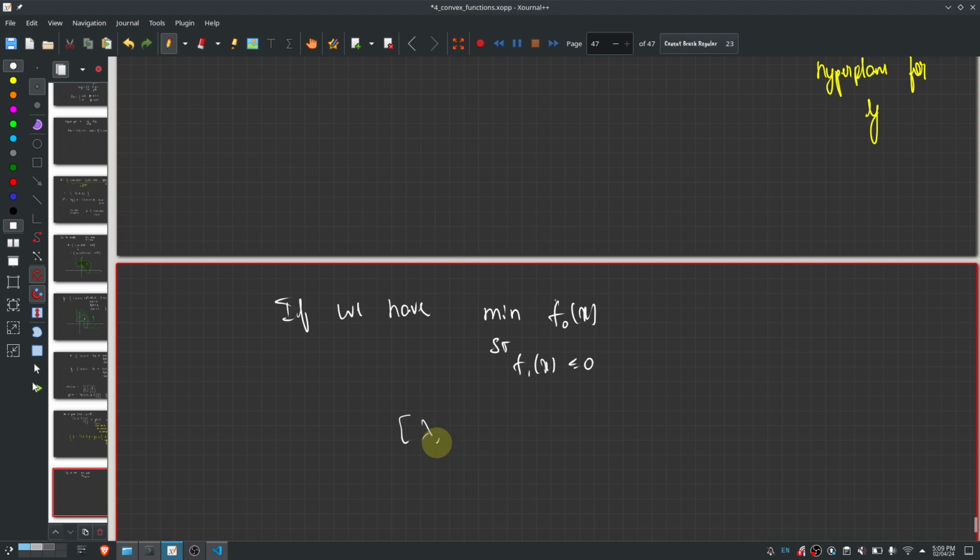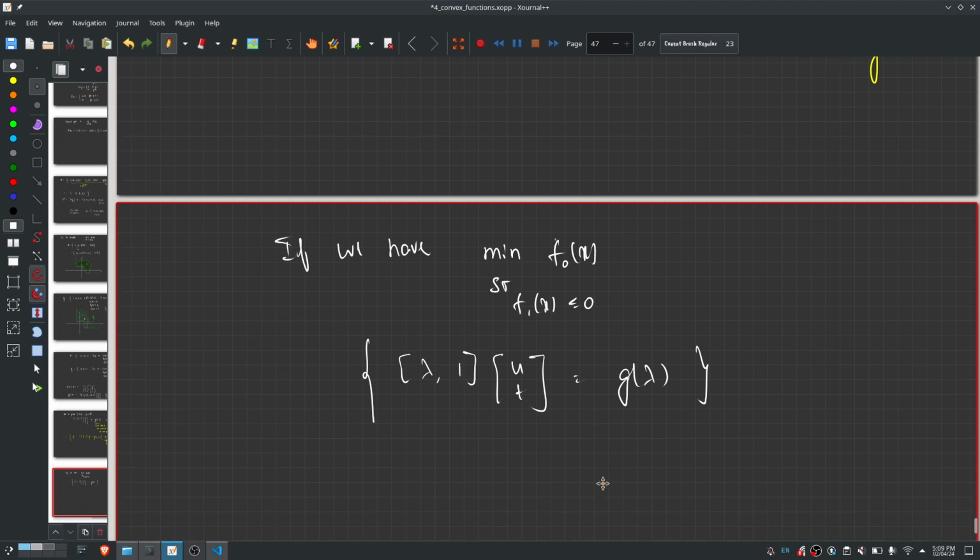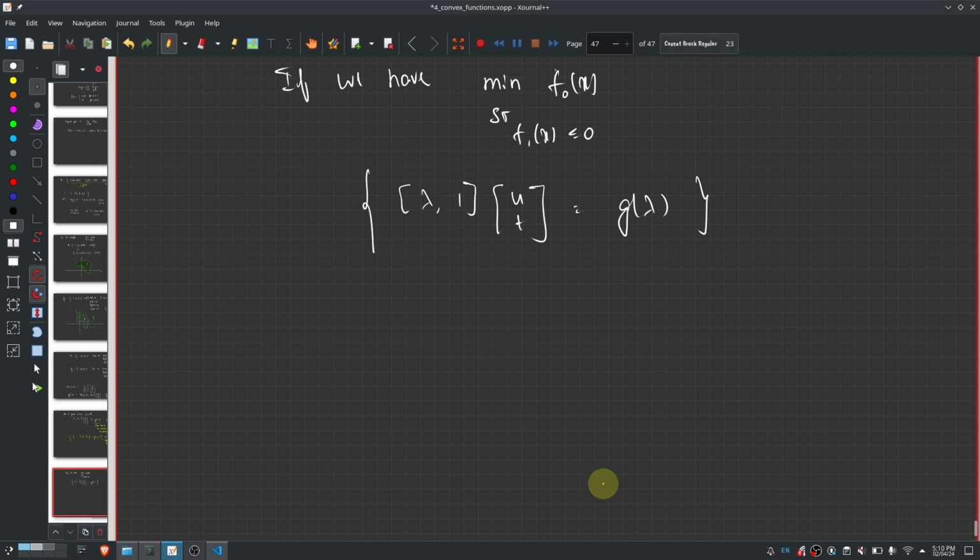It is a set of all (lambda, 1) inner product with some (u, t) equal to g of lambda. Right? So what can you say? So remember, we want g of lambda, right? So what is g of lambda for this hyperplane? Okay, so let me come to that question a little later. Let's try to see what it looks like.